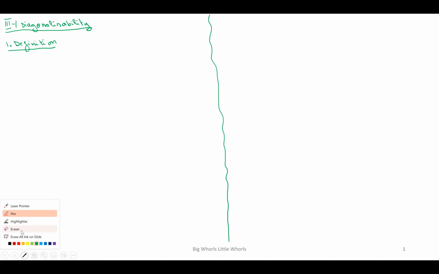Okay, so let's start with the definition. I want to split the board into two. So the definition says the following.